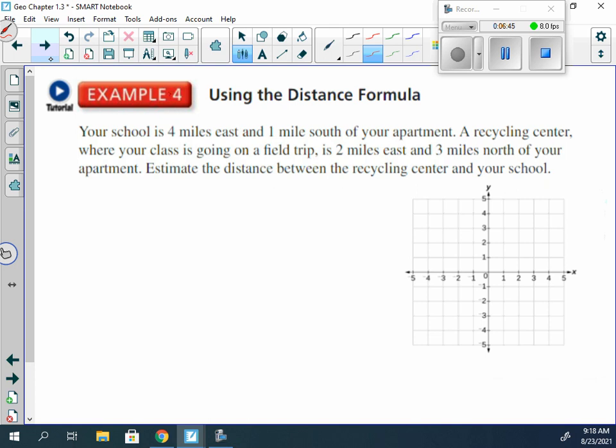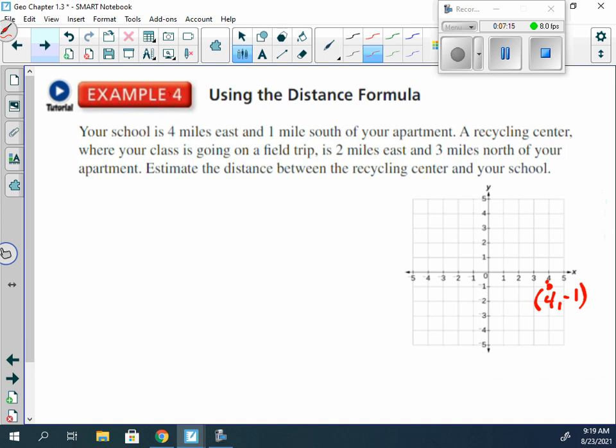What they don't explicitly say is that your apartment is going to be considered the origin, because we're referencing everything from there. So the school is 4 miles east and 1 mile south. So we're really at the point (4, -1).